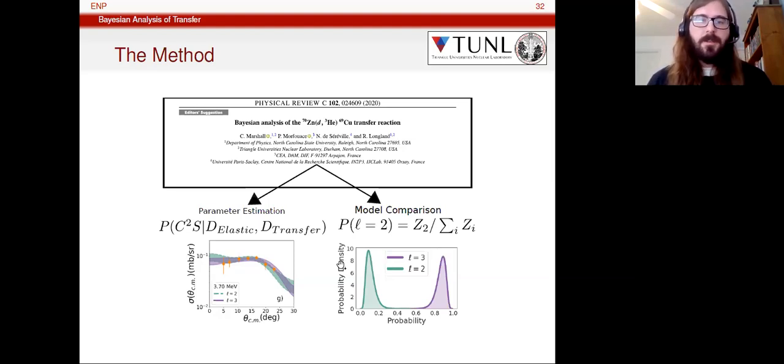I'm showing here that these two lines have associated probabilities of basically 90% and 10%. The reason that these are distributions is because there's some statistical uncertainty in the method of actually getting this evidence. But in principle, this evidence is just a number. So this is just some simple probability.